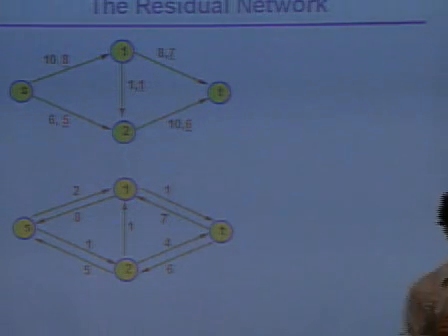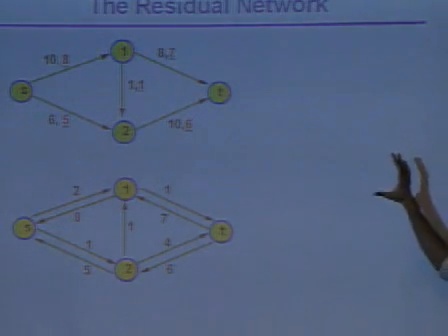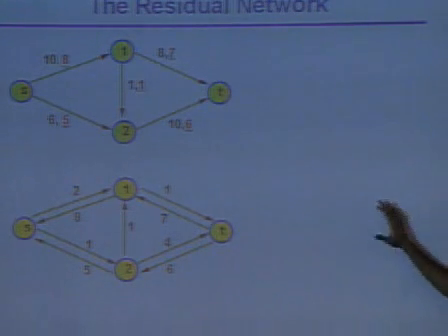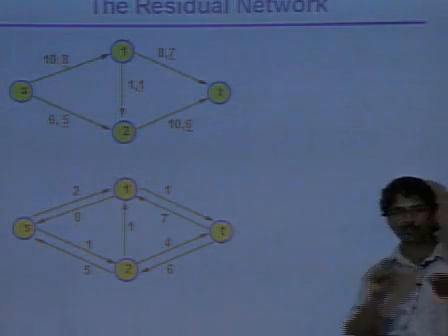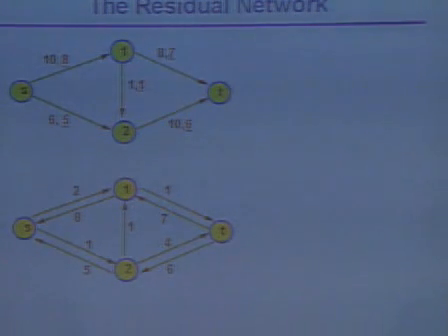So given any network and an existing flow, you can construct what's called a residual network, whose forward capacities are the amount of spare capacity in that arc, and whose backward arcs have capacities equal to the existing flow. And anything with a value of 0, you omit, you don't draw.